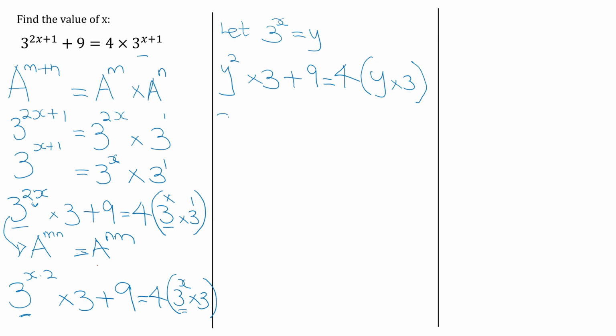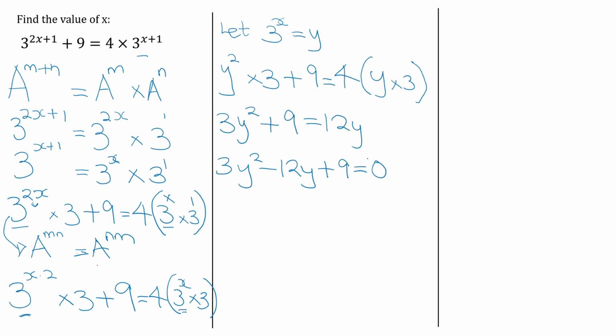Simplifying further, you'll have 3y squared plus 9 is equal to 12y. This becomes a quadratic equation. So what you have is 3y squared minus 12y plus 9 is equal to 0.